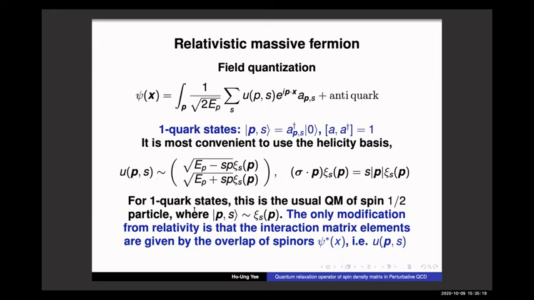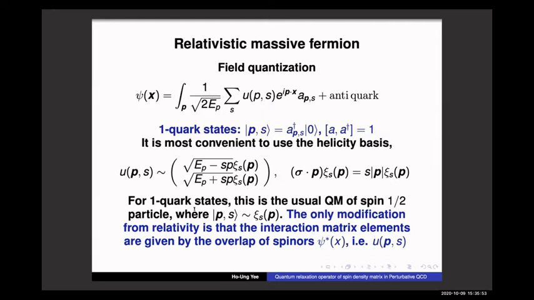For example, interactions are given by this spinor field psi(x), which is written this way with the spinor u(p,s) there, where a is the annihilation operator of our spin state. Since we are going to consider only the dilute limit, we limit ourselves to just one quark state, which is created from the vacuum by acting with this creation operator.